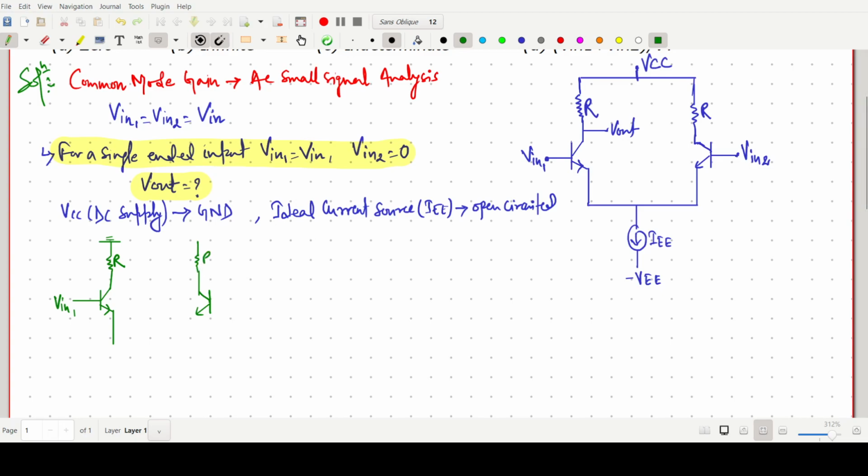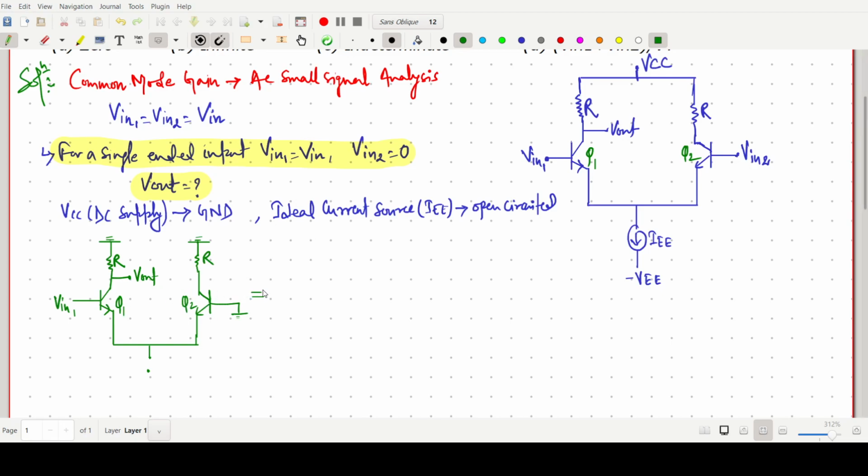One more R will be there, and it should be grounded. And this one is V output, and this one is grounded, and this one is open circuited, so just make it an open notation. This one we can call the Q1 transistor, and this one Q2.